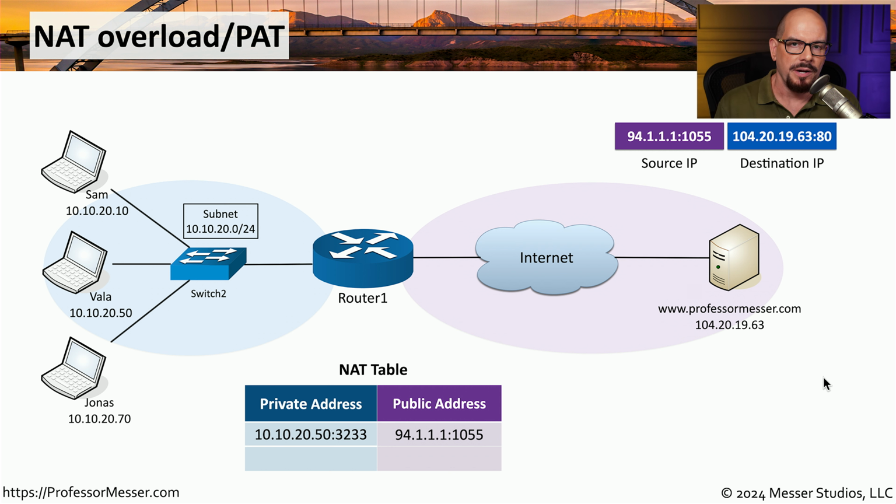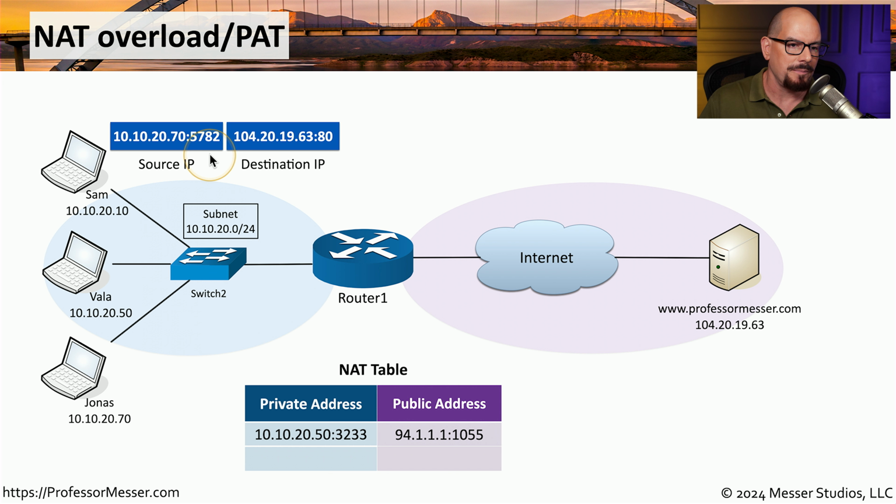For example, let's take another scenario where we have Jonas at 10.10.20.70. Jonas's random port number that's used for this transaction is 5782. And of course, the destination IP address is the same as the ProfessorMesser.com web server with a port number of port 80.